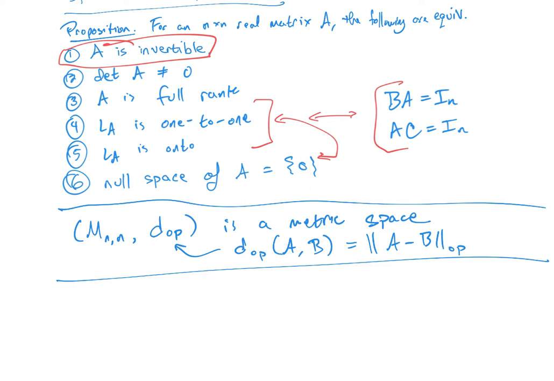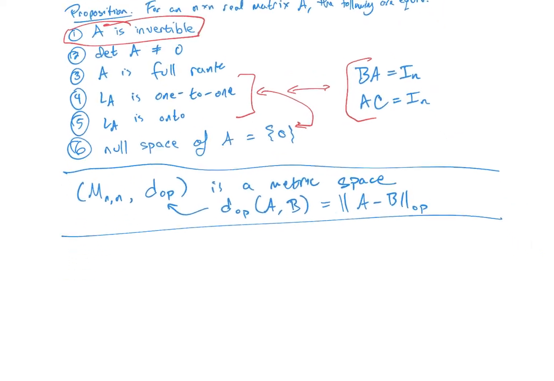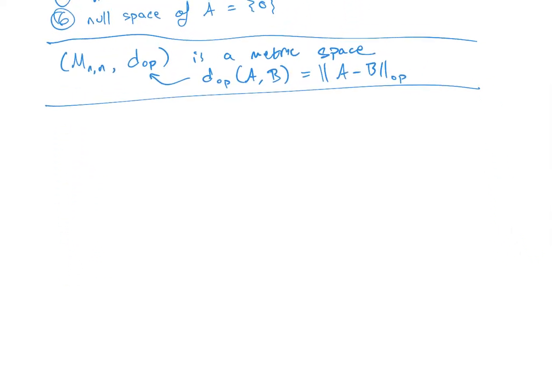That's actually saying something a little bit stronger. If you perturb the matrix by a little bit, not only will it stay invertible, but its inverse will stay very close to the inverse of the original. Like I said, we'll see if we get to that. To prove that, we're going to need the following results.